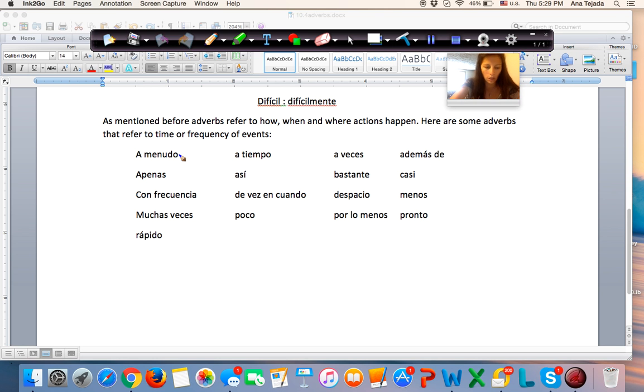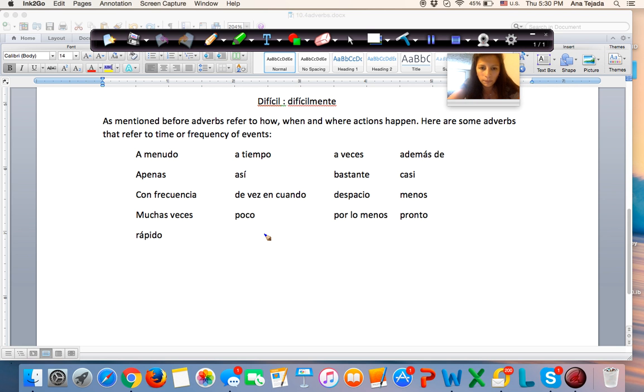A menudo, often, apenas, hardly, con frecuencia, frequently, muchas veces, many times, rápido, quickly, a tiempo, on time, así, like this or so, de vez en cuando, sometimes, poco, little, a veces, sometimes, bastante, enough, rather, despacio, slow, por lo menos, at least, además de, besides, casi, almost, menos, least, less, pronto, soon.